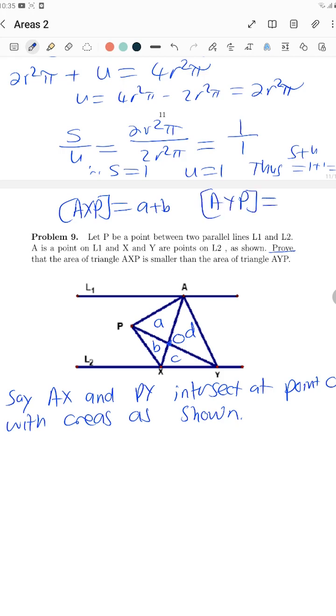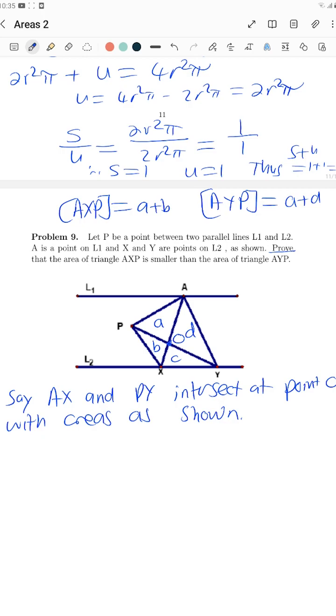The area of triangle AYP will therefore be a plus d. So our goal is to show that the area of triangle AXP is less than the area of triangle AYP. So we want to show that a plus b is less than a plus d. They have a in common, so we are aiming to show that b is less than d.